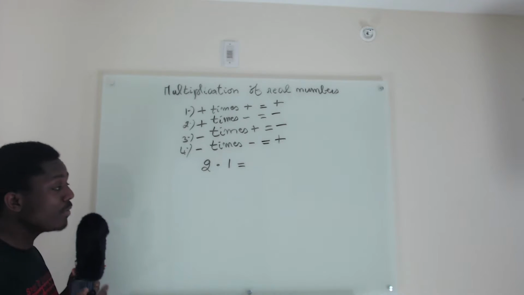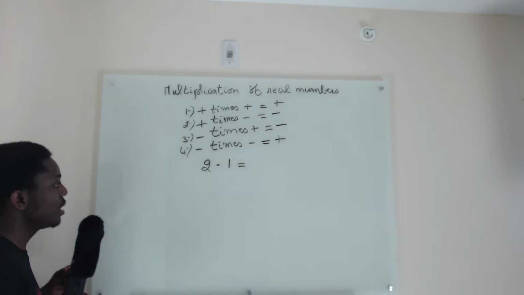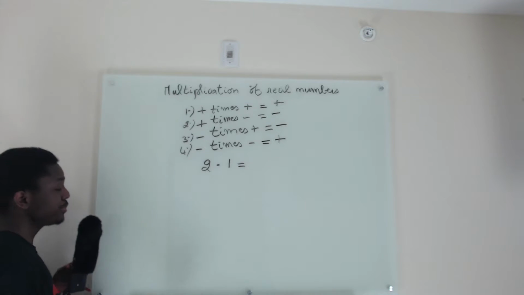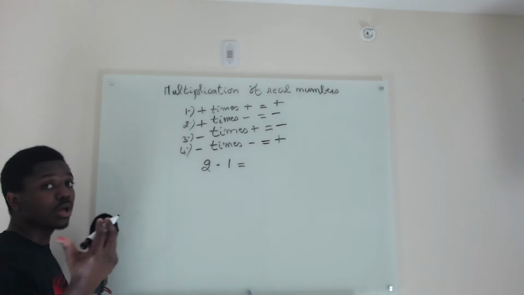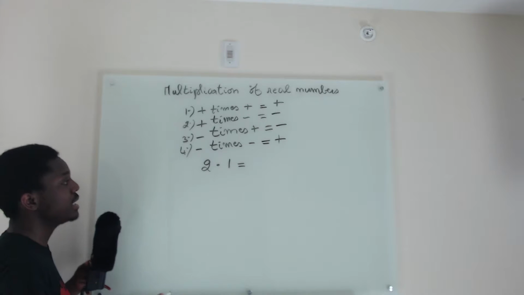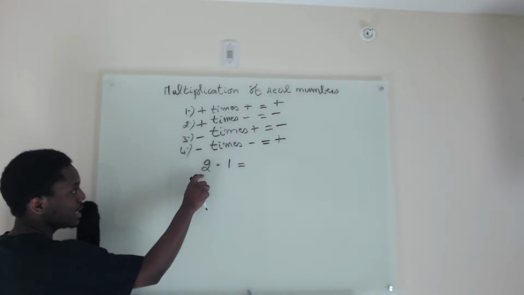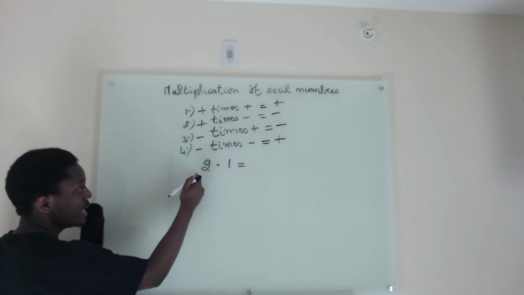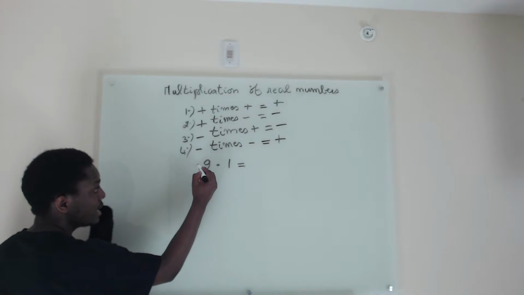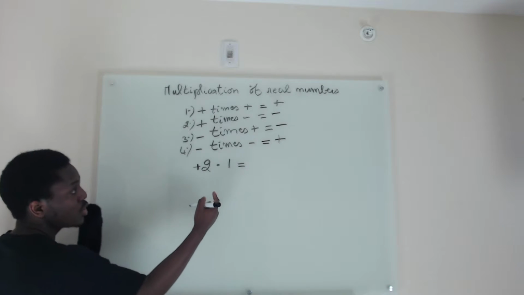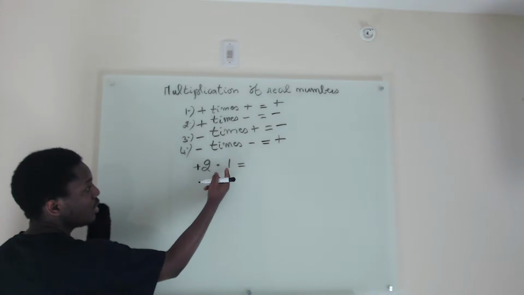On our very first tutorial, I taught you where the sign of a number is located. The sign of the number 2 is located right here on the left of 2. And if there's no sign, it means that the sign is positive. So the sign of the number 1 is also positive.